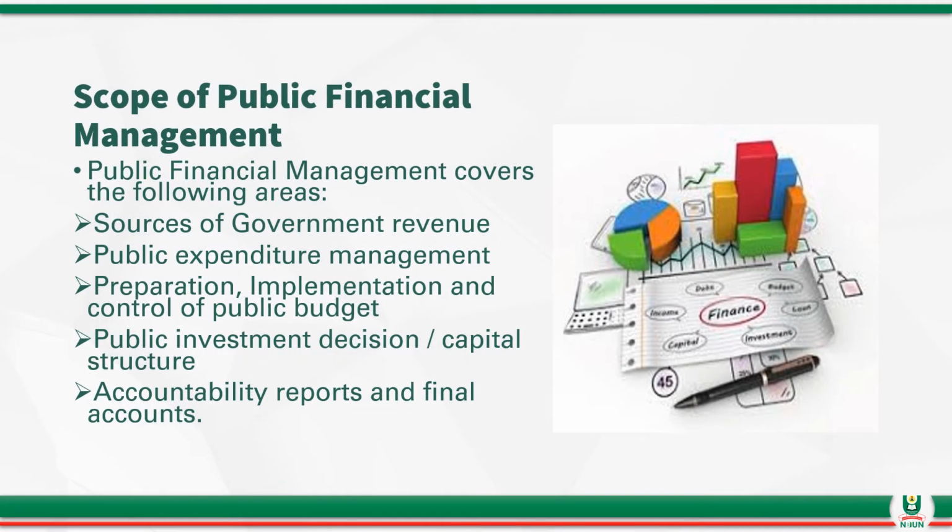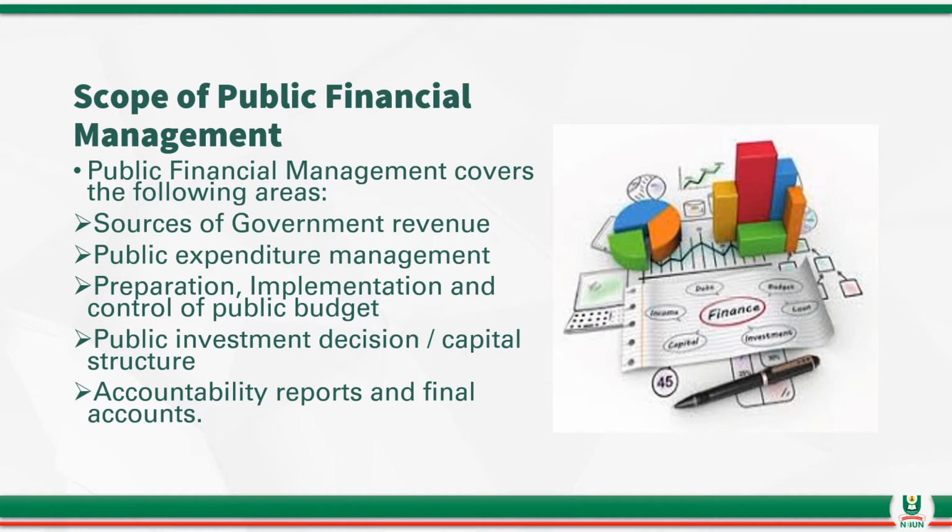So, scope of public financial management. Let us take a look at the areas covered by the discipline. Public financial management covers the following areas. One, sources of government revenue, that is how government raises funds. Two, public expenditure management, how public revenue is expended.